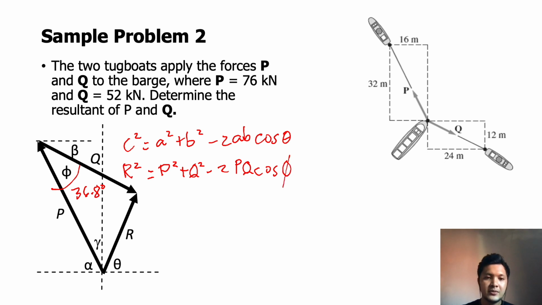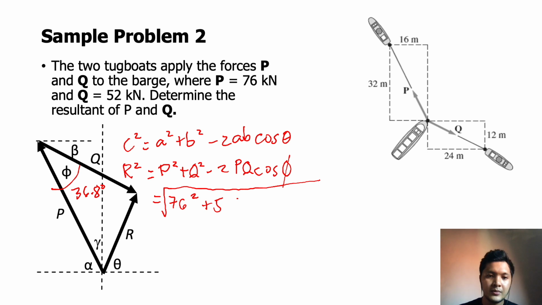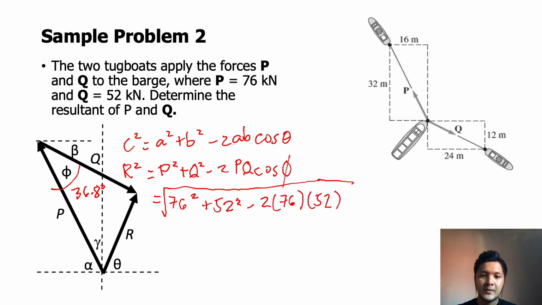Okay, so substituting the values, that is the square root of 76 squared plus 52 squared minus 2 times 76 times 52 times the cosine of 36.8 degrees.